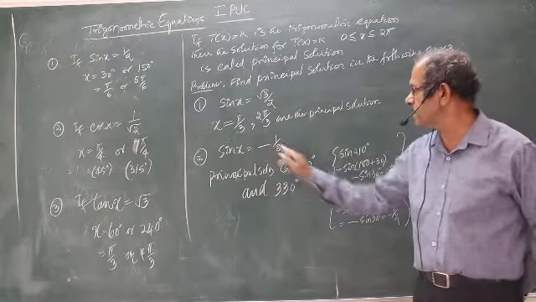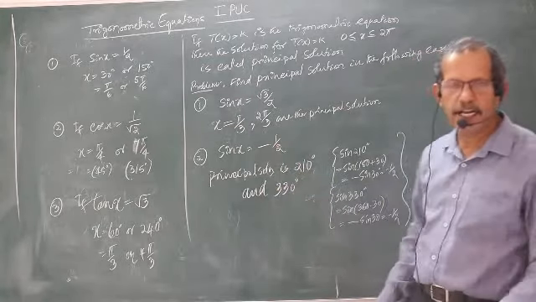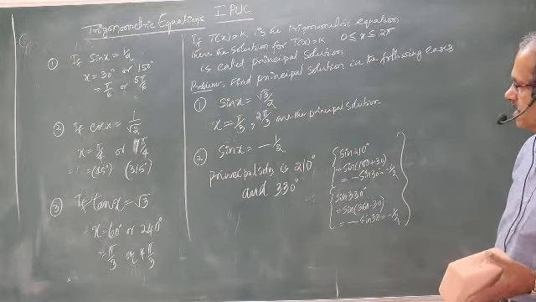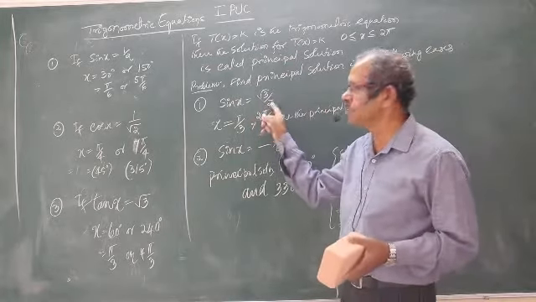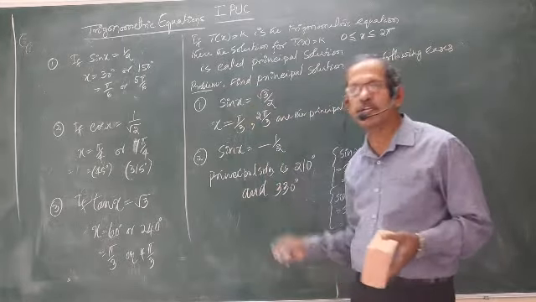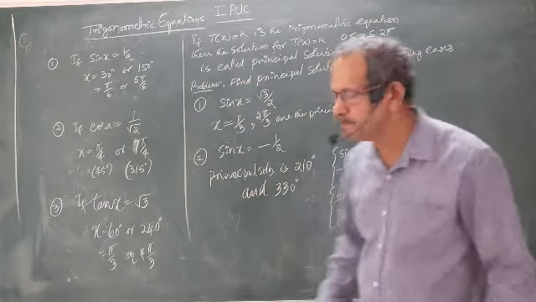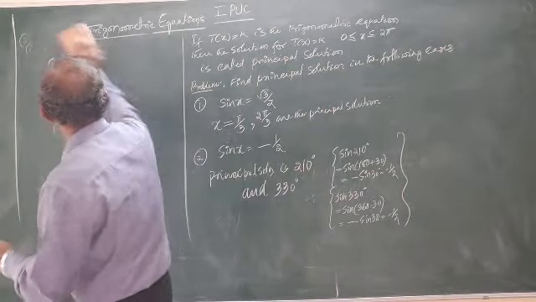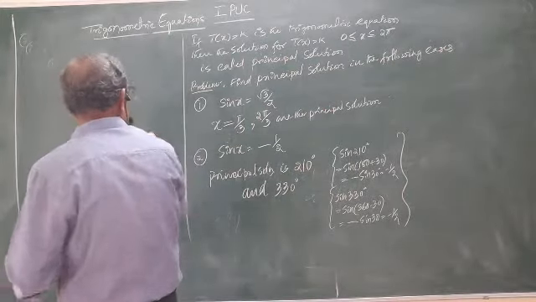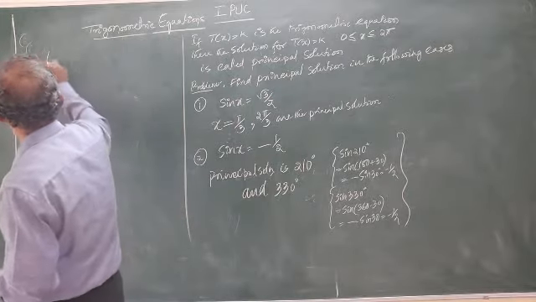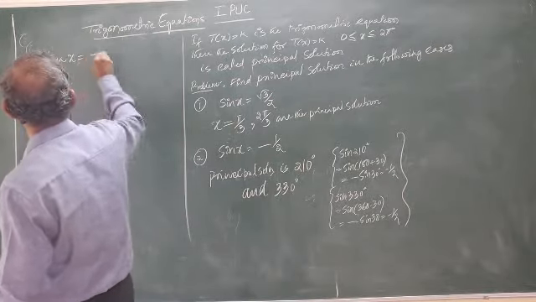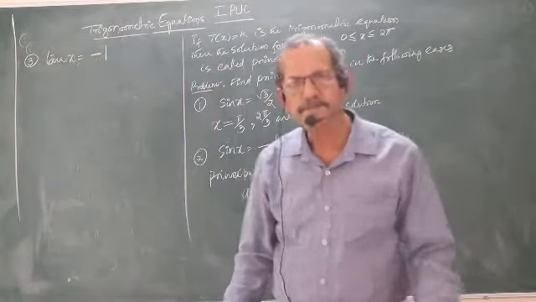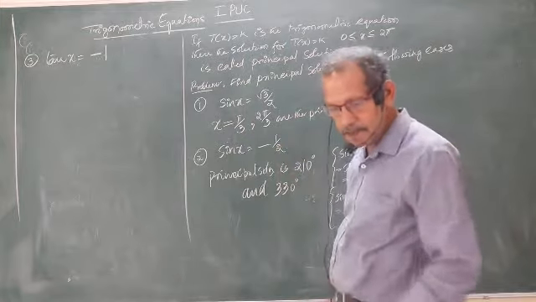So the two principal angles are 210 and 330. I have written the answer in degrees only. So it need not be positive only. If it is negative, then also you can find principal angles. Negative number, let me give one more, just for your understanding. Third one, tan x equals minus 1. Give me the principal angle.